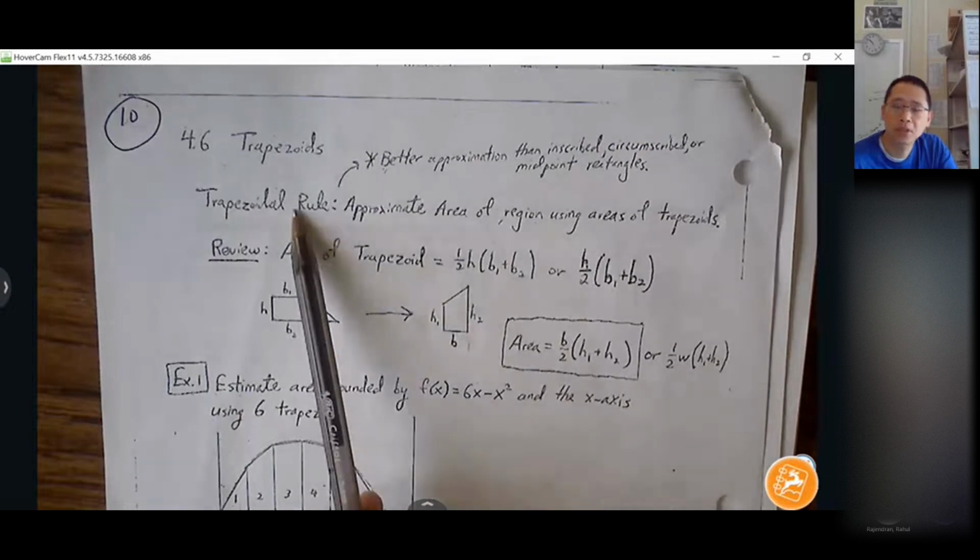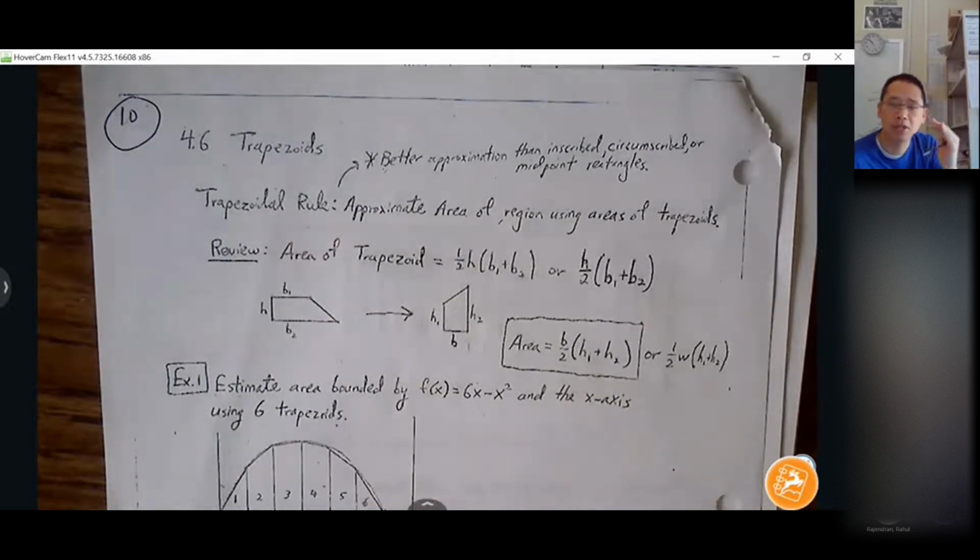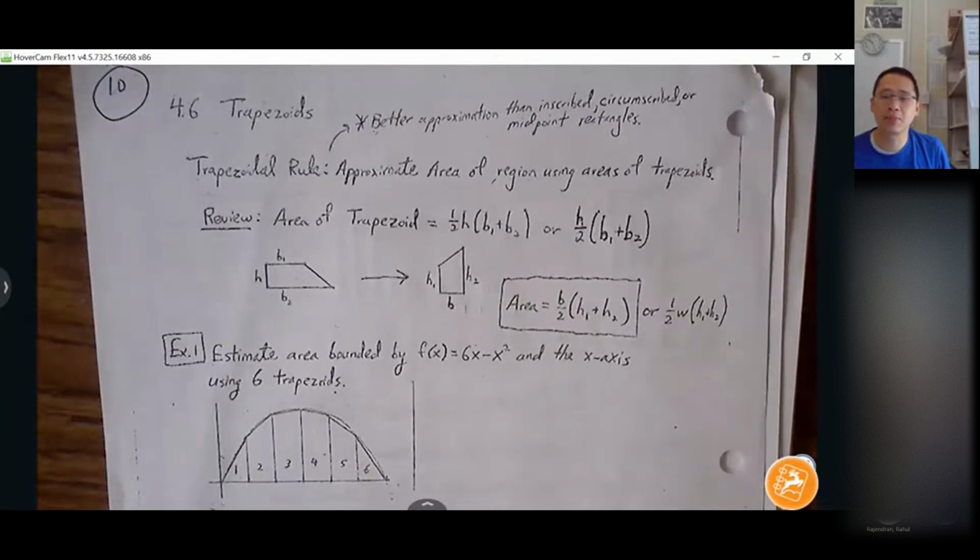The way that trapezoids are shaped is just naturally going to fit the path of the graph a little better than what rectangles can do, assuming that we're using the same number of rectangles and trapezoids. Okay, so let's work our way to that example.